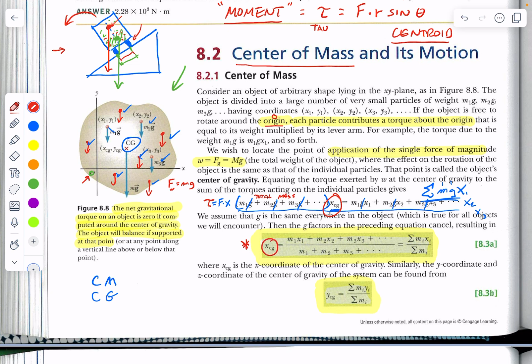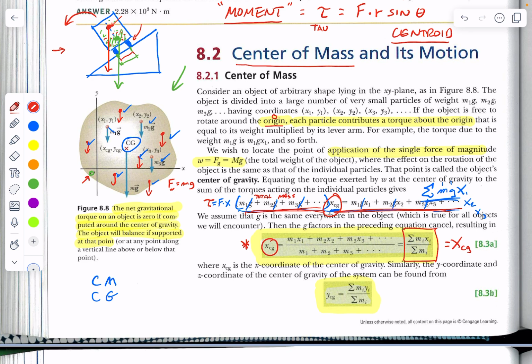That means we're going to divide everything on the right side of the equation by the total mass that is on the left side of the equation. And we get this equation right here to find the position of the center of gravity, or we could call it the center of mass, because we canceled out the gravity.